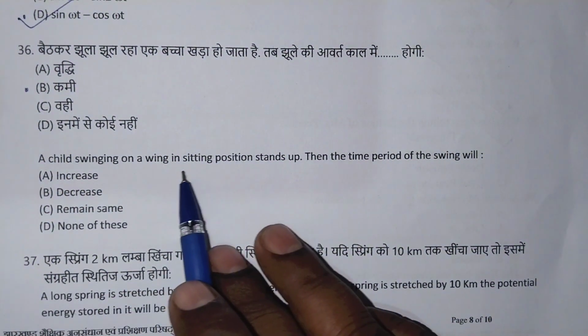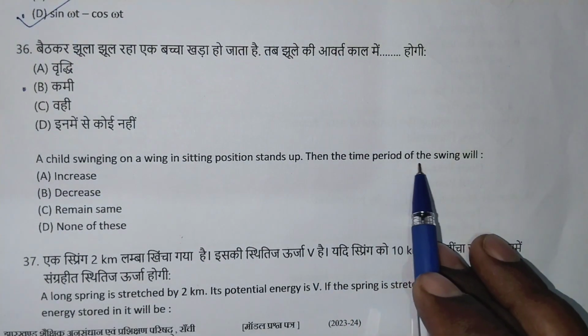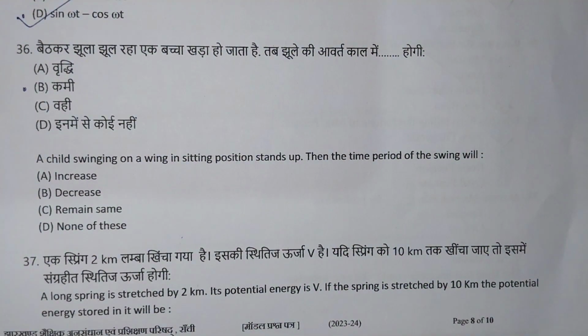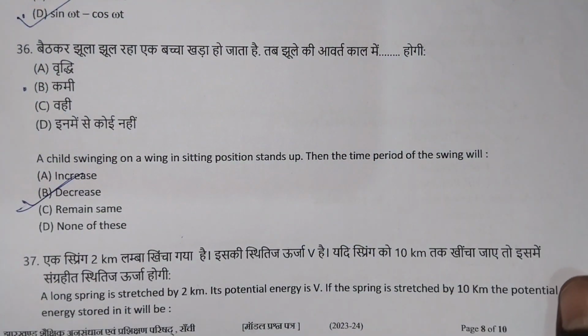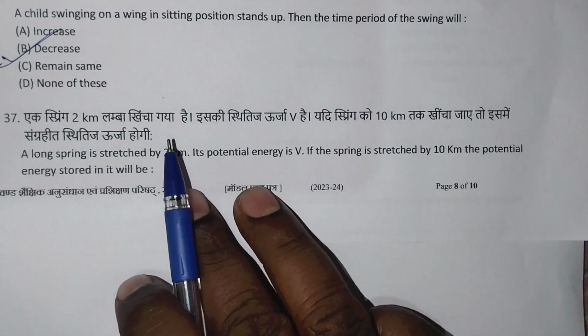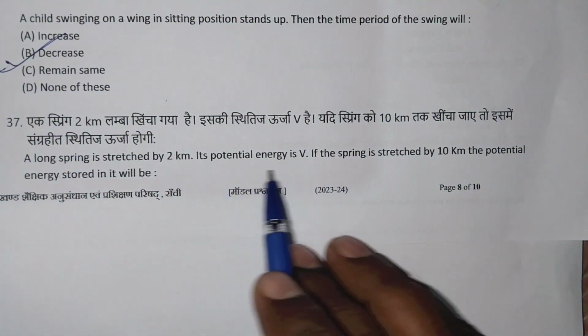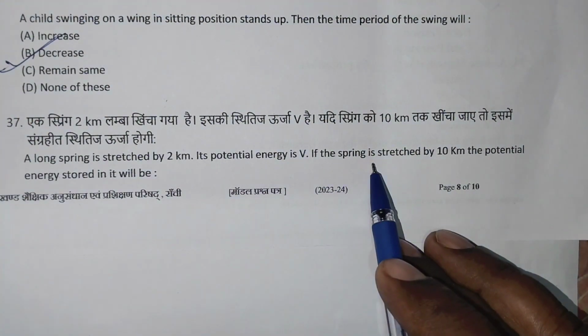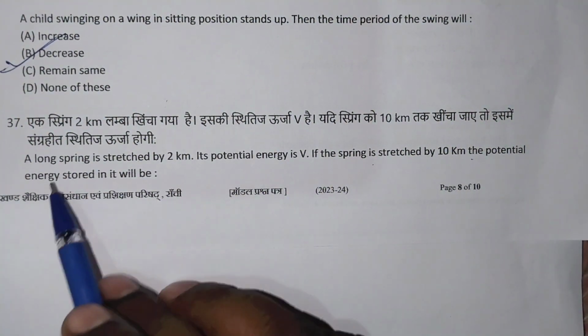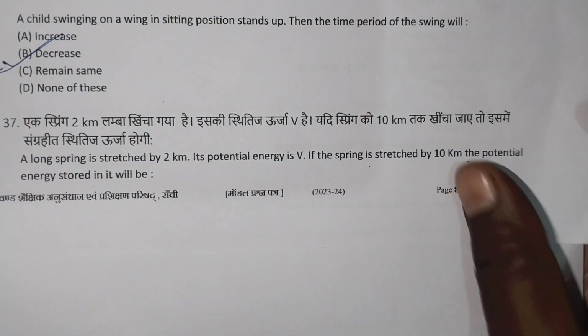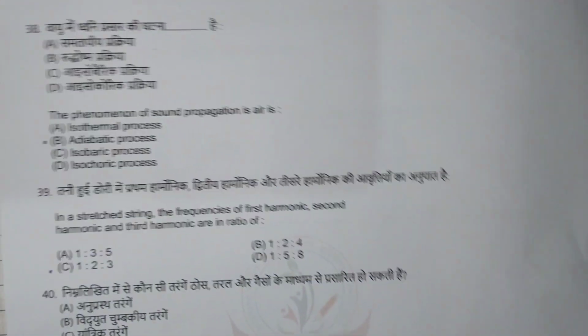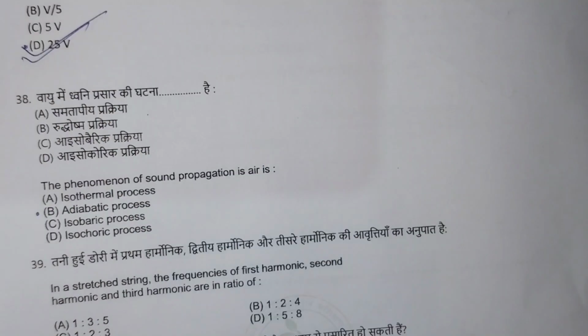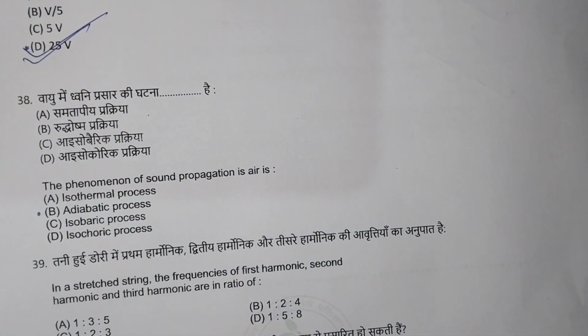A child swinging on a swing at the sitting position or stands up, then the time period of the swing will increase, decrease, remains same, none of these, decrease. A long spring is stretched by the 2 cm, its potential energy is V. If the spring is stretched by 10 cm the potential energy stored in it will be 20 B by 24, B by 25, B by 5, 5B, 25B.